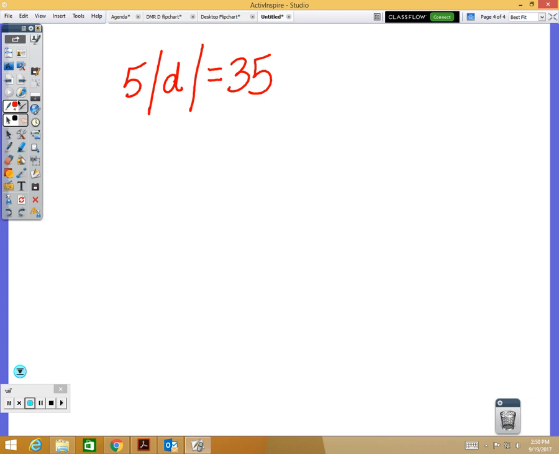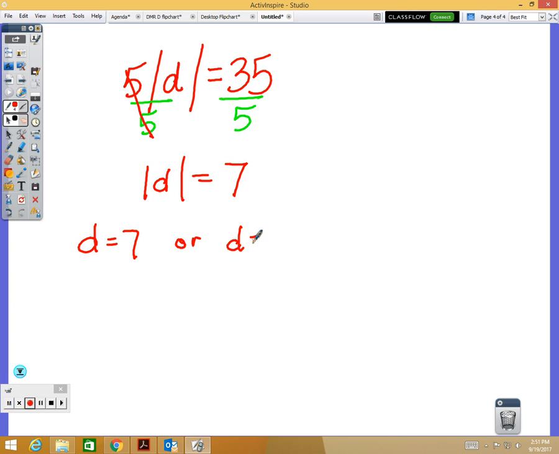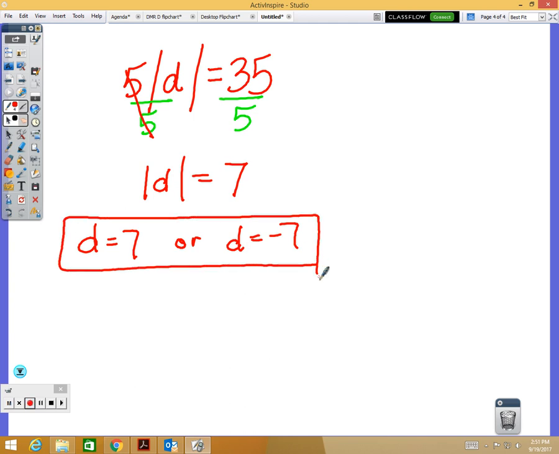I would need to divide by 5 first, yes, because again, the 5 is outside of the absolute value sign. So I want to go ahead and get rid of it first. So I get the absolute value of d is 7. So that means d could equal 7, or d could equal negative 7. Are we alright with that?